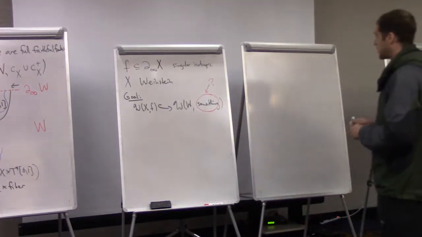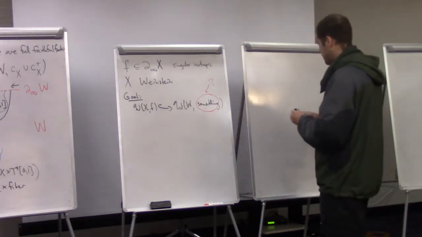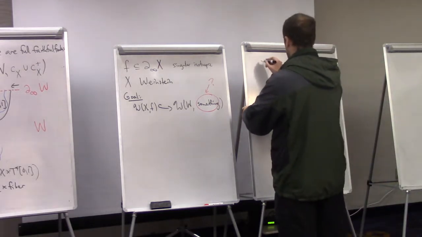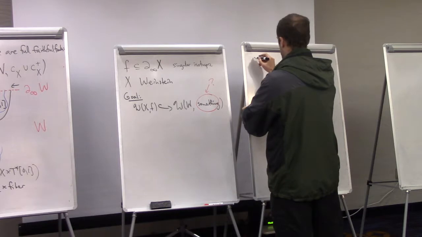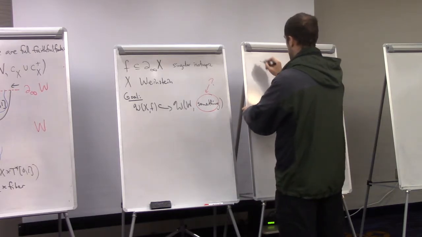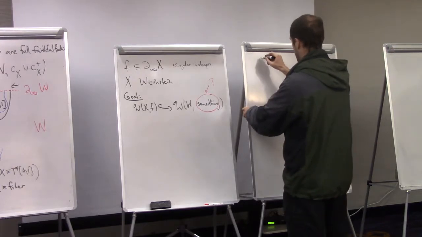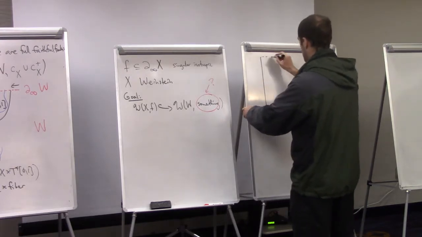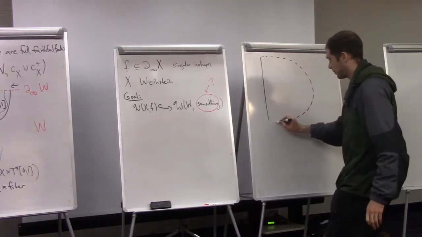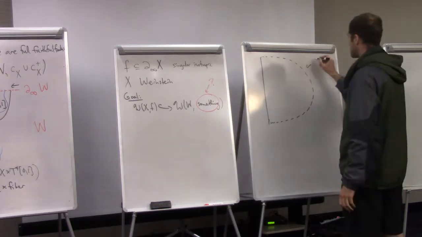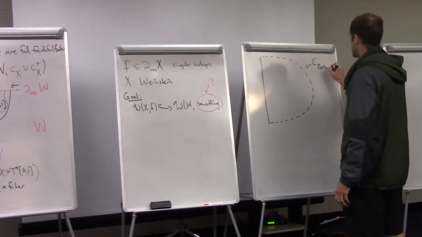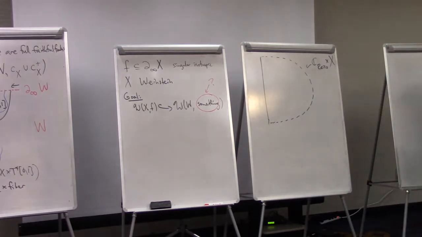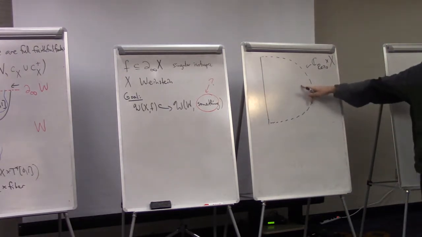So I guess the easiest way to define it is just to draw a picture. So all right, let's look at a half plane cross X. So let's remember what the boundary at infinity of this looks like.